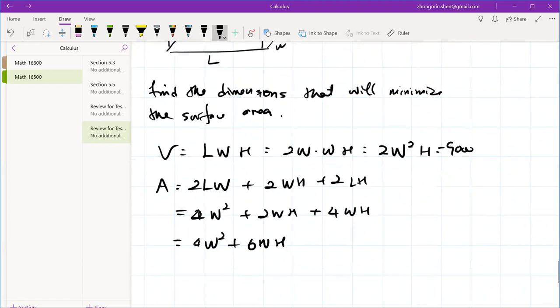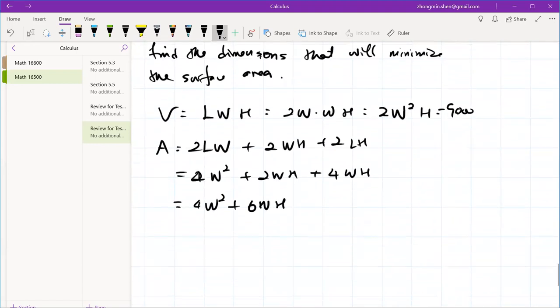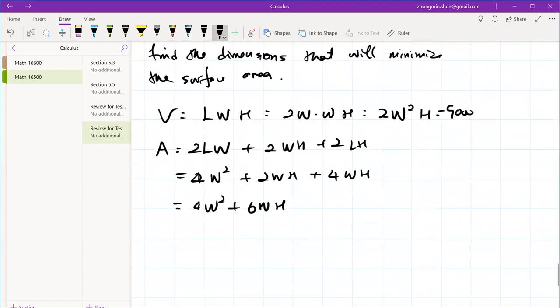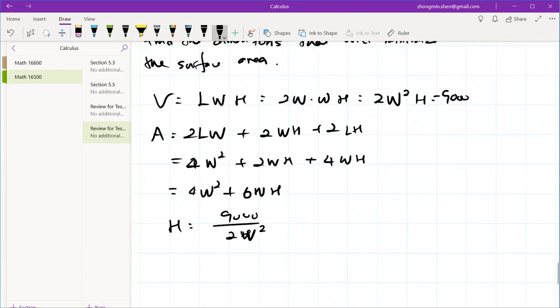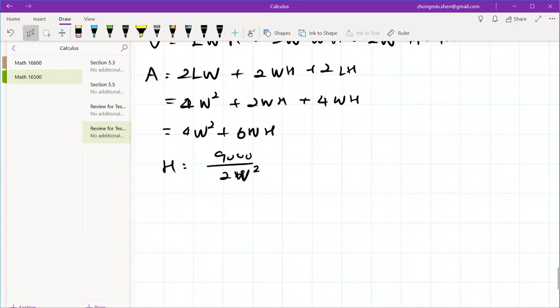We want to minimize this. But we are given 2W squared H equals 9,000. So H is going to be 9,000 divided by 2W squared. So I plug them into the surface area formula.